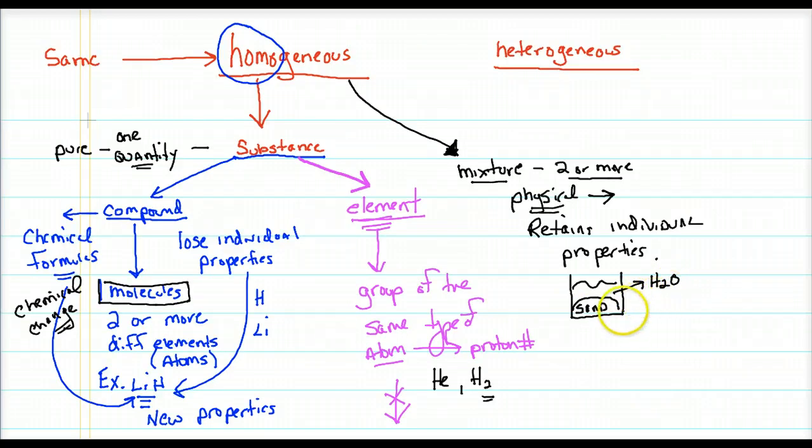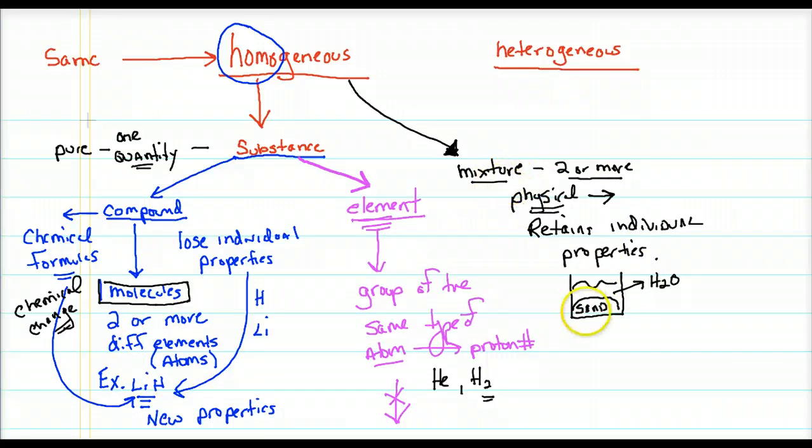The sand will still melt into glass at a certain temperature. I could separate this mixture by putting a screen through. There's no chemical bonding between the two. So the water and the sand retain their individual properties. Whereas in a compound, very different. They do not.